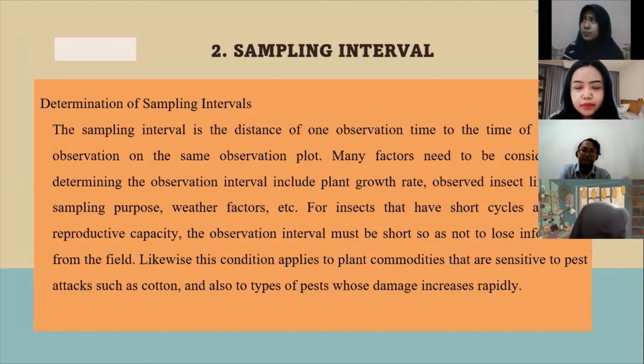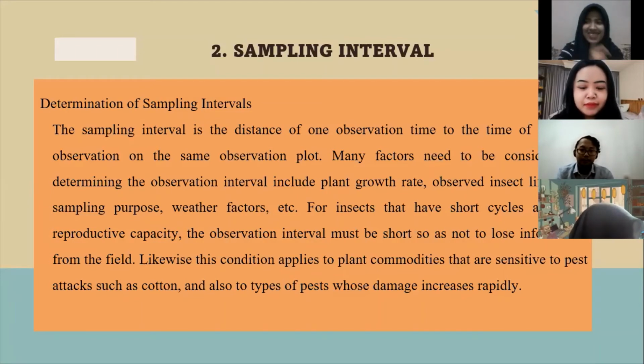Number two, sampling interval. The sampling interval is the distance of one observation time to the time of the next observation on the same observation plot. Many factors need to be considered in determining the observation interval, including plant growth rate, observed insect life cycle, sampling purpose, weather factors, etc. For insects that have short cycles and high reproductive capacity, the observation interval must be short so as not to lose information from the field.